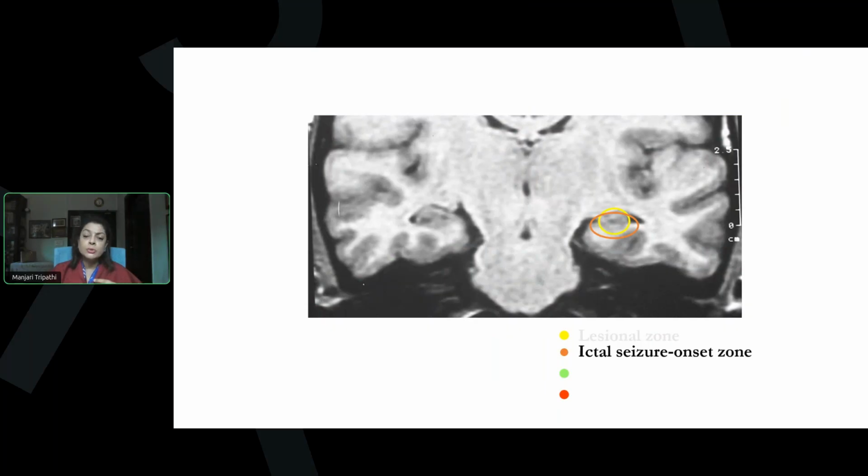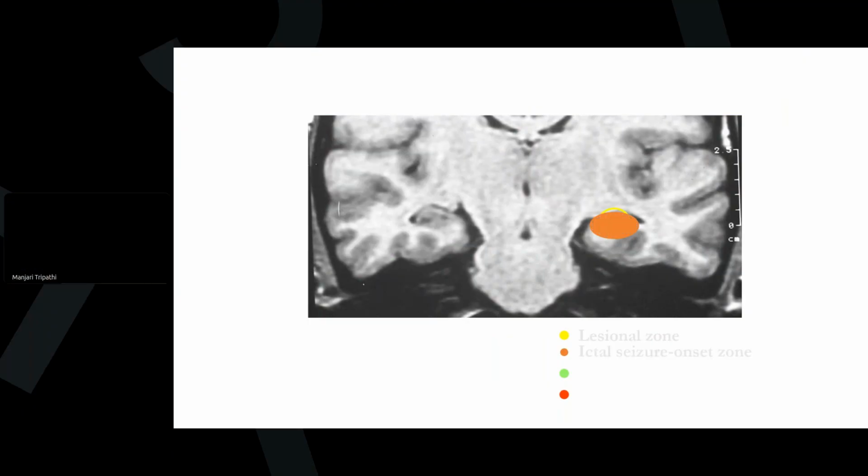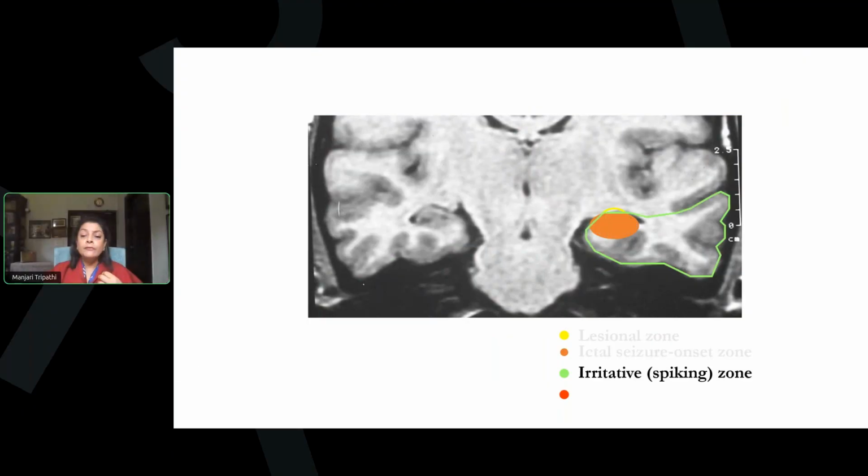And the ictal onset zone is definitely somewhere around the lesional zone in most of the patients. However, we know that in between seizures, the patients may have an irritable cortex at various locations, and this is the irritative zone or the interictal spiking zone.